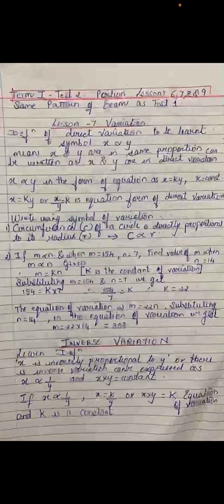The equation of variation is m equal to 22n. Substituting n equal to 14 in the equation of variation, we get m equal to 22 into 14 is equal to 308. Now, you will be getting such sort of problems for 2 marks.